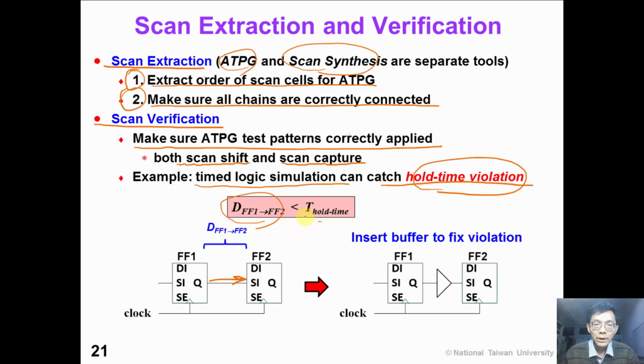It is smaller than the hold time of the flip-flop. Then we would have a hold time violation. So what can we do if we have this violation? We can simply insert a buffer to increase the delay between two flip-flops. In this way, we can easily fix the hold time violation.